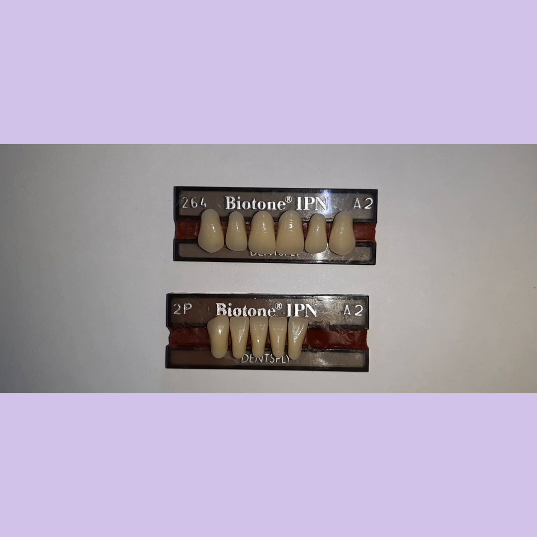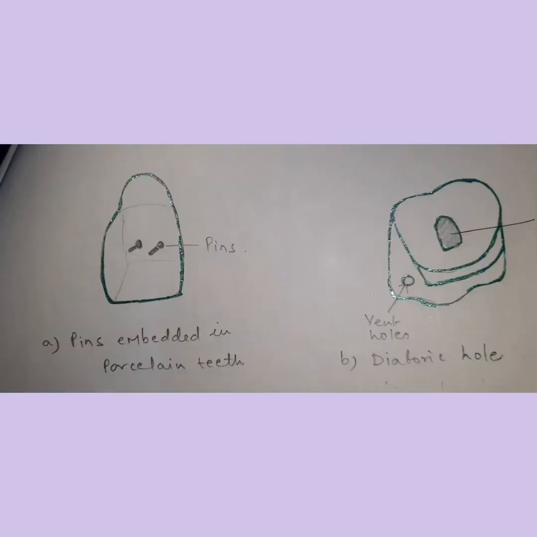If we talk about porcelain teeth, they are more aesthetic than acrylic teeth, and they are more resistant to wear. Now, porcelain teeth are retained on the denture base by mechanical interlocking. There is no chemical bonding between the denture base and the teeth.